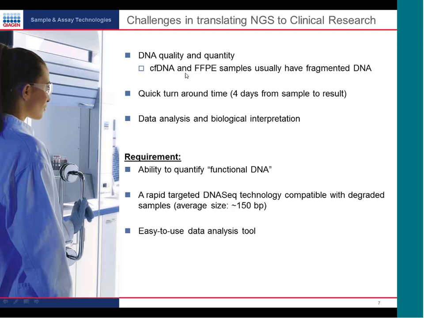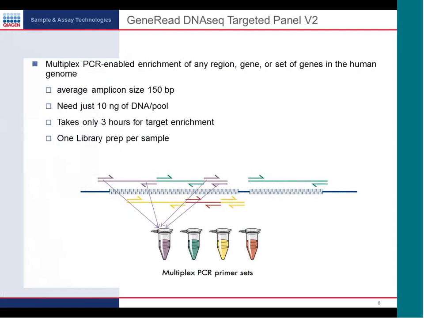Keeping these requirements in mind, QIAGEN has developed a targeted DNA sequencing solution. We call it GeneRead DNA-seq targeted panels. These panels use a multiplex PCR-based technology, and we have designed primers all over the genome. So for any gene, any exon, or any hotspot or region in the genome you are interested in, we have primer designs, and you can pick and build a panel that is unique to your needs.